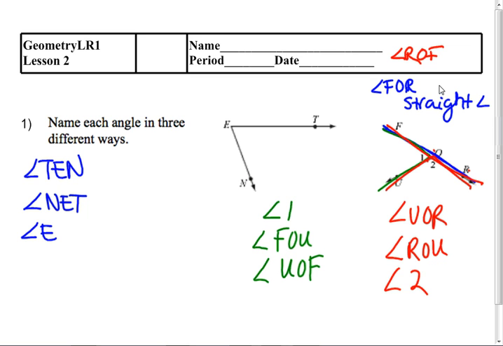And on 14, you're going to have to measure to see which one's bigger. 15 is also a protractor, and 16 is a protractor. And the rest is going to extend you more into geometry. But do the protractor ones. Since you're here, you can get those done in 10 minutes.